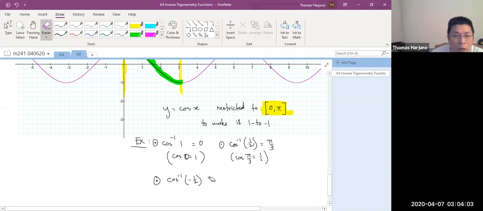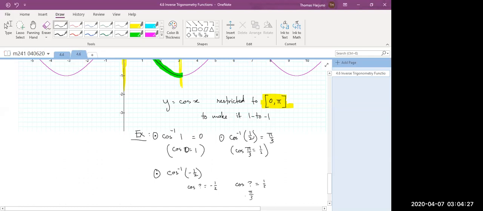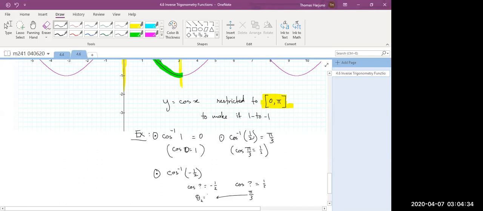Okay? Now, the way we think will be as the following. Cosine what, and of course it has to be in quadrant 2, gives us negative 1/2? What's the reference angle? Cosine what gives you 1/2? Pi over 3. Right? Now, if that's the reference angle, what will the angle be in quadrant 2? 4 pi over 3.